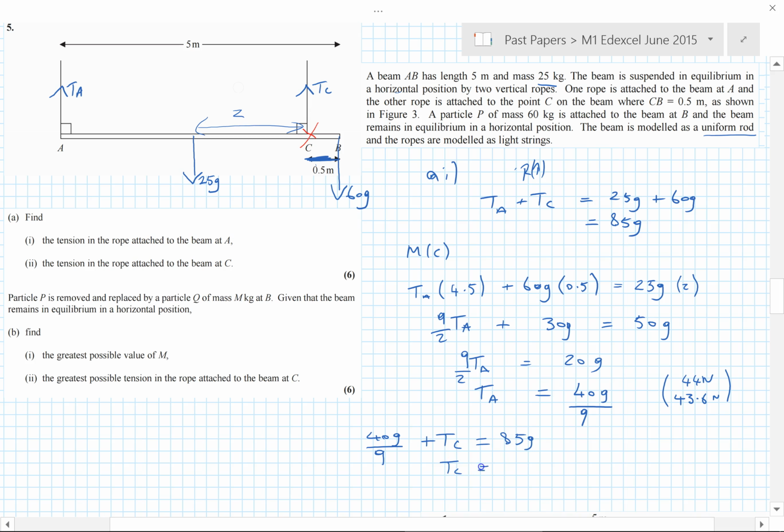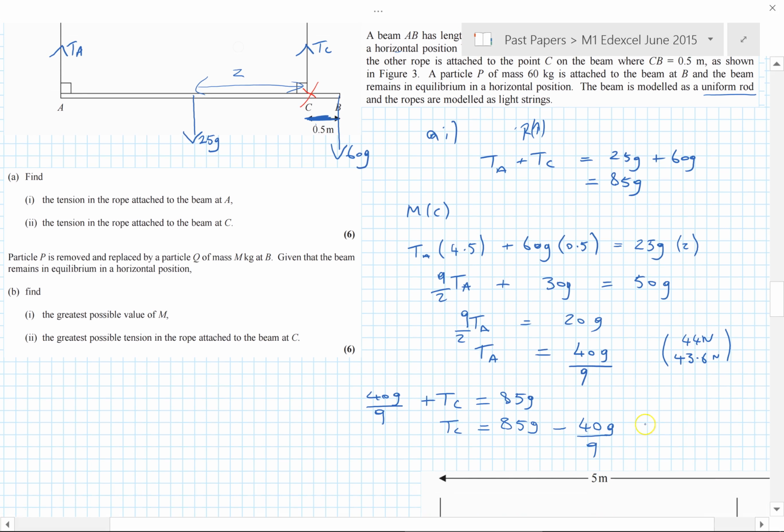So I've got TC is equal to 85g minus 40g over 9, and that comes to 725g over 9, which actually works out at 790 newtons. If we want to give the number to 2 significant figures, or to 3 significant figures is also okay, 789 newtons. So it's one of those 3 answers there. So there we go, 6 marks for that question.